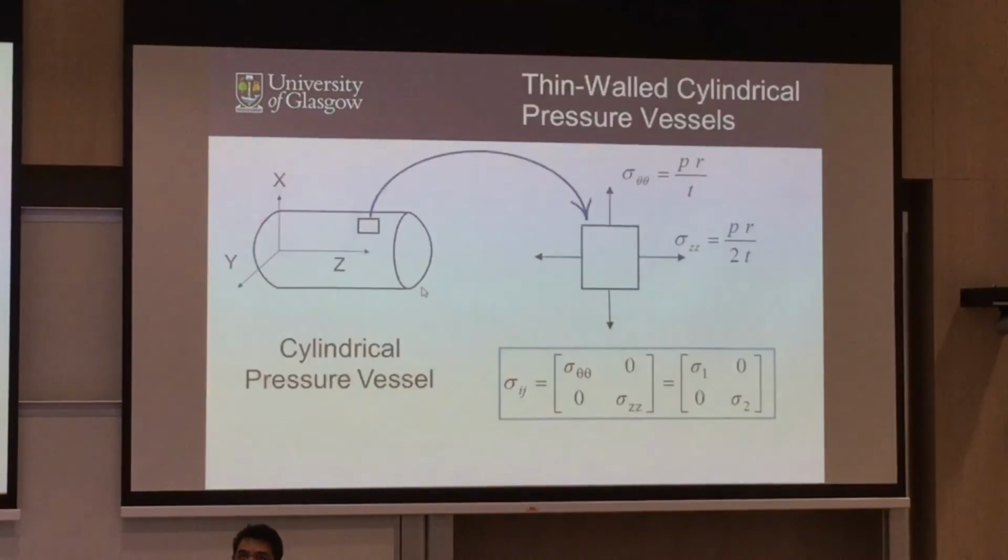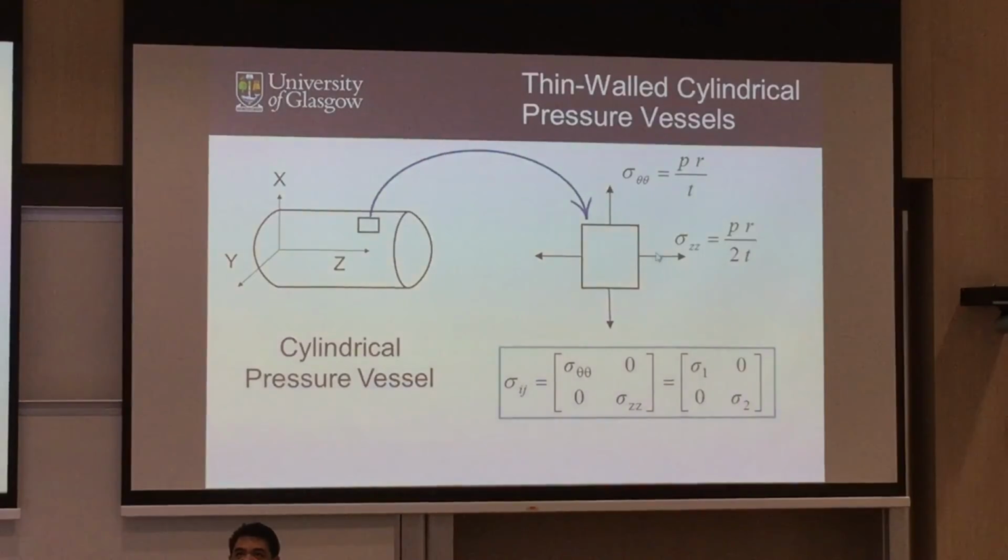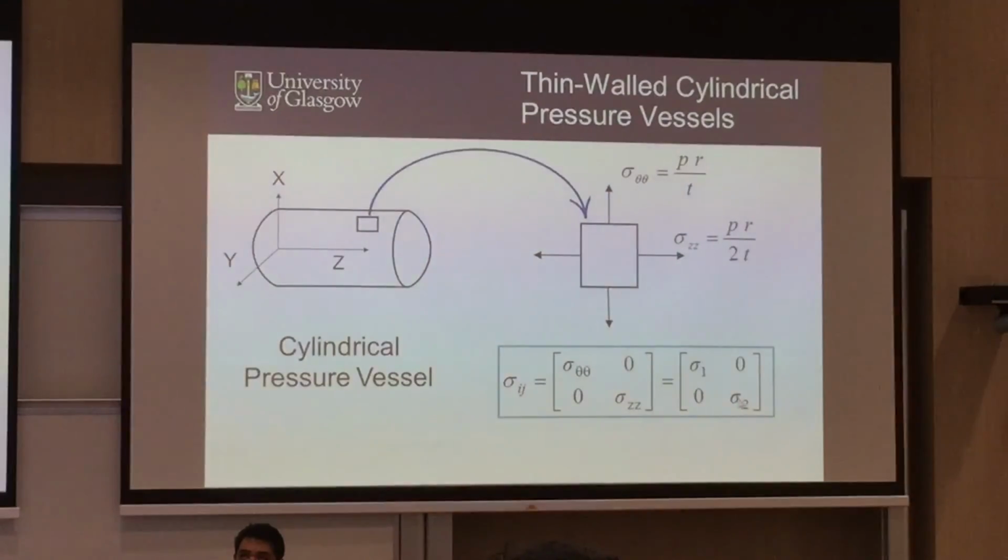So if you fill in your state of stress, it's this one. Have a look. That is your hoop stress, which is PR all over T, and that will be your longitudinal stress, PR all over 2T. So your state of stress is your two normal stresses and no shear, 0. So this will automatically be sigma 1 and the other is sigma 2.